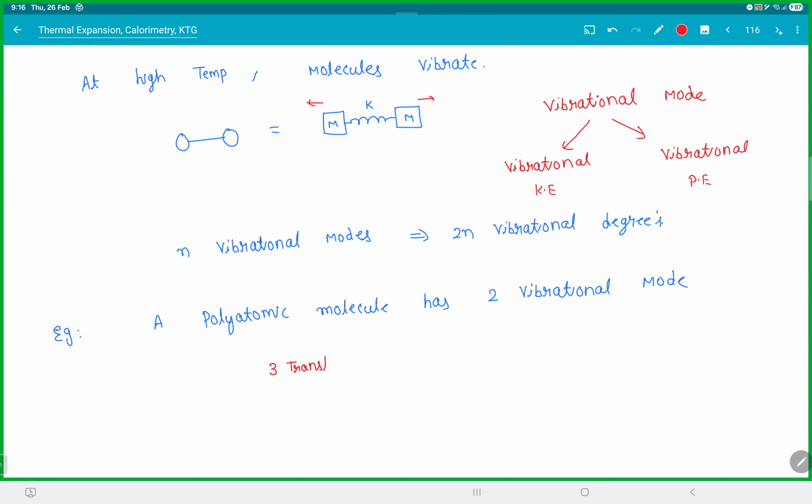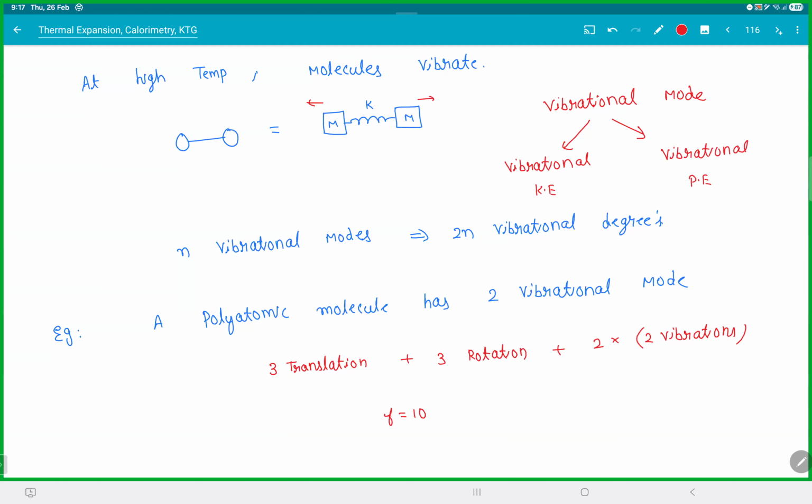Now it is polyatomic, not diatomic, so all 3 rotations are possible. They have 3 rotations. And each vibrational mode is 2, so 2 into 2 vibrations. So total this thing has 10 degrees of freedom. That itself is a straightforward question. Once you know the degrees of freedom, you can find gamma from there. So be careful with that.